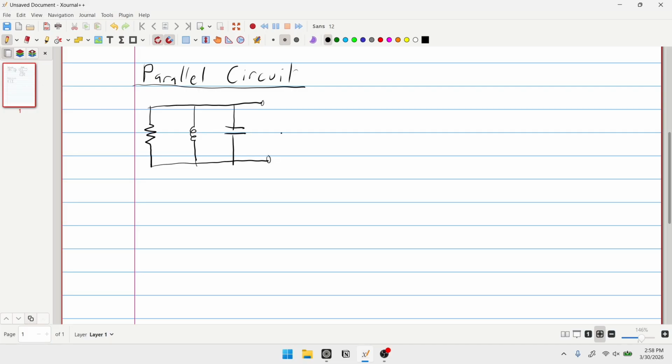Alright, we want to find the V here, because typically, if we know the V here, we can find everything else. We can find the current through the resistor, the current through the inductor, the current through the capacitor, everything. So, let's use KCL at this node, right?